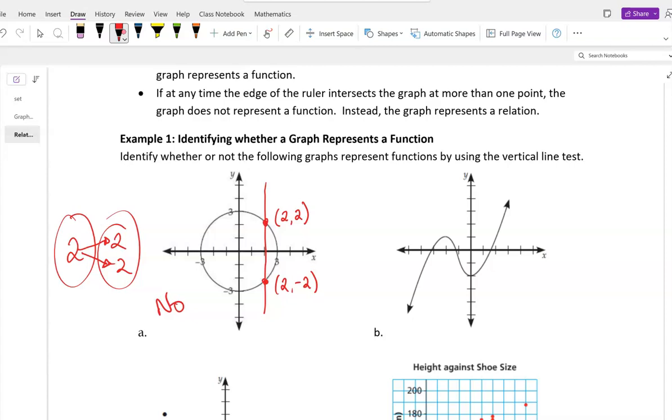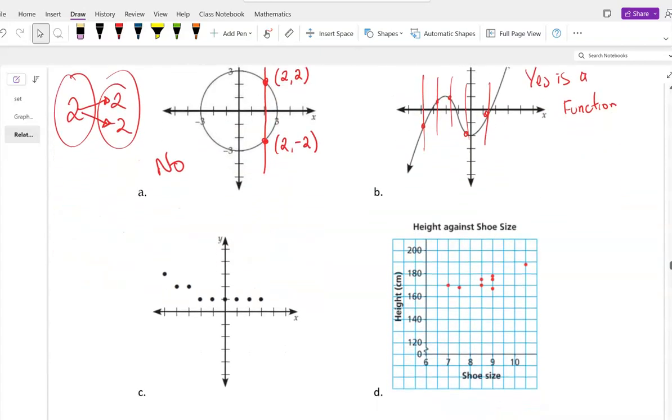If you look at the next one, no matter where I draw a vertical line, it's always crossing only in one point. So this, yes, is a function. It's that simple.